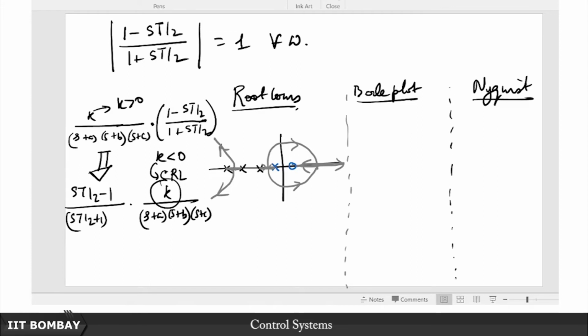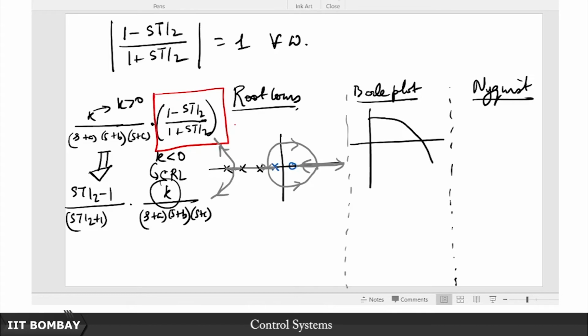So for the Bode plot, what does this mean? You see the magnitude plot is not going to change at all, it is going to remain exactly as it is, because this term does not contribute anything to the magnitude, it contributes a pure phase of minus 180 degrees.